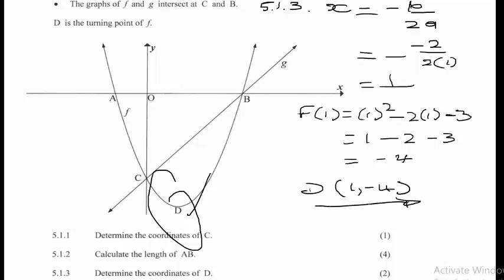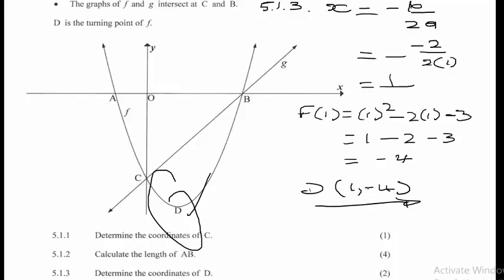That's a full answer. So you should look at how many minutes you've actually spent on the question. You don't need to spend more time than you should on these questions. So you have now question 5.1.4, which says calculate the average gradient of f between C and D. Between C and D, right?